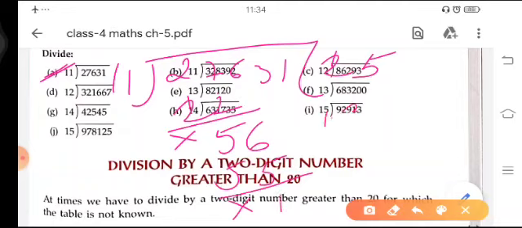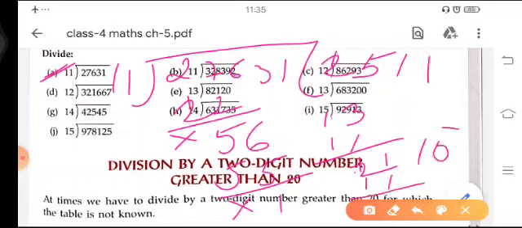Now we will write 3. 11 ones are 11. Again we are getting 2, and next we will write down 1, and 11 ones are 11, and we are getting a remainder 10. So in this way we will solve the questions of this exercise.